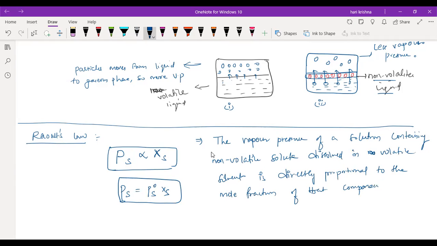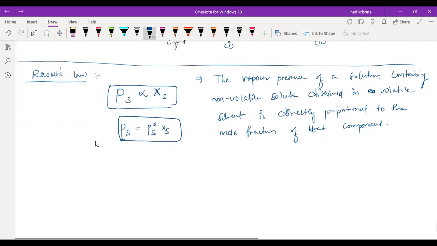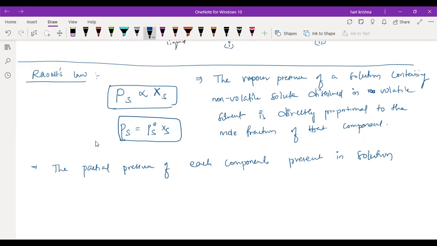This is the actual definition, but if you want a simple definition, what I said: the partial pressure of each component present in solution is directly proportional to the mole fraction of that component. Your wish which one you can take.